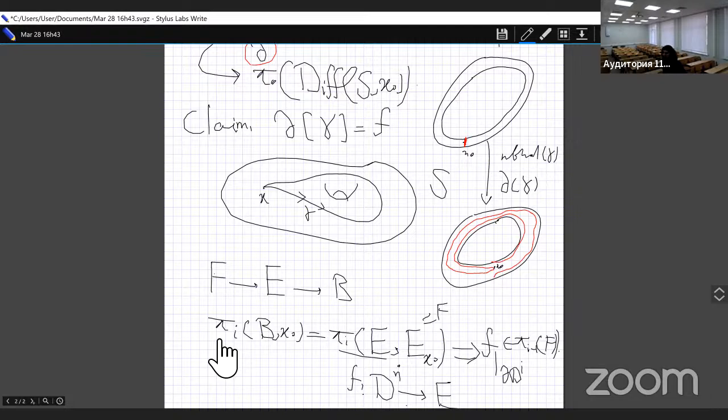On the outer circle the map is the identity. Then, as we approach X naught, we do a rotation by an angle which approaches 2 pi as we approach X naught. Does this make any sense?